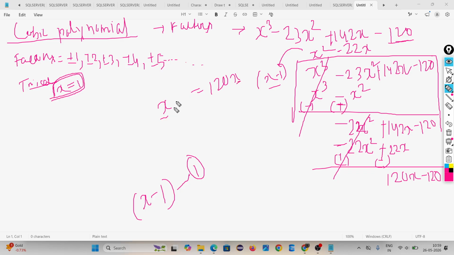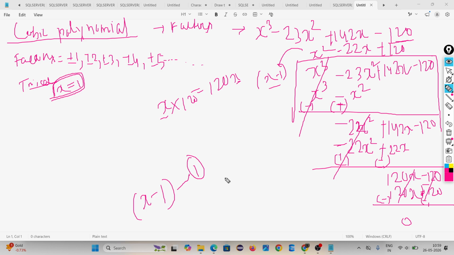Multiply by 120. 120x into x is 120x square. Then 120 into minus 120, change the symbol. Cancel, cancel. Remainder is 0.